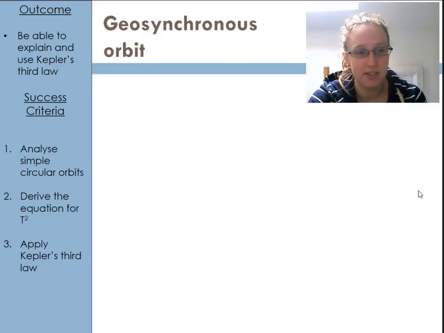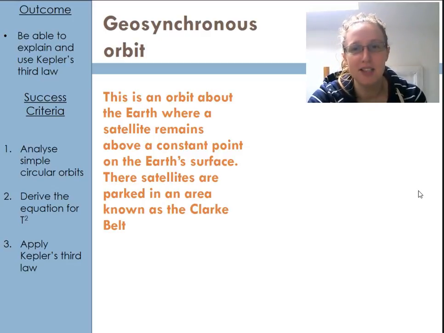Okay, so whilst we're on orbits, next thing we need to talk about are geosynchronous orbits or geostationary orbits. They're the same thing and the term often gets used interchangeably. Basically, it's an orbit where the satellite remains above the same point above the Earth the whole time. So it always stays directly above London, for instance.